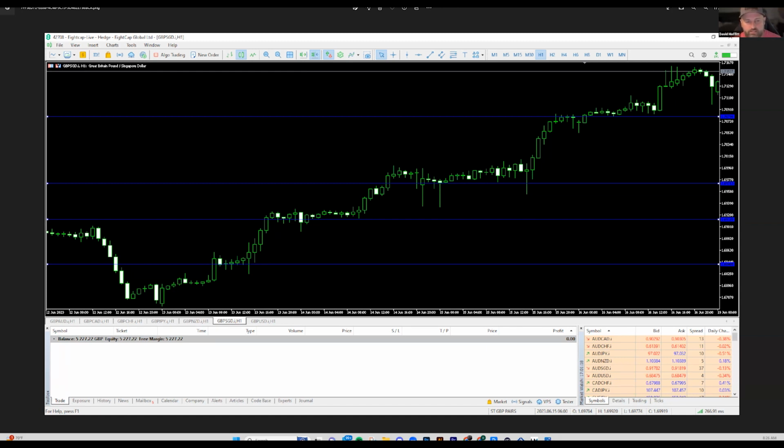So the first thing to identify is this: if it does this once, where it goes up, sideways, moves up, then pretty much it's going to do it again. And you can pretty much bank on it on the third, right?